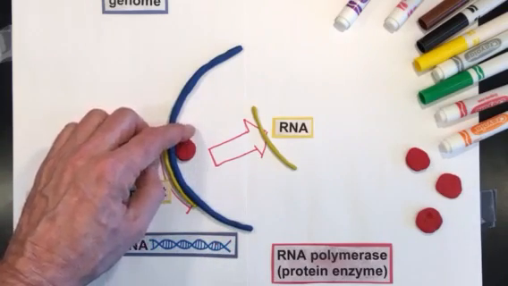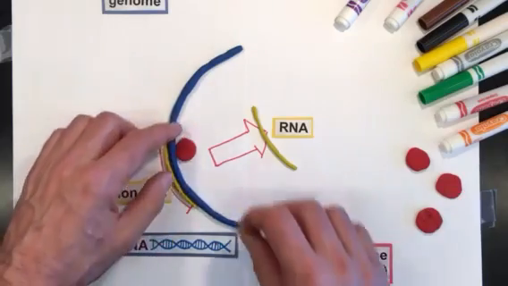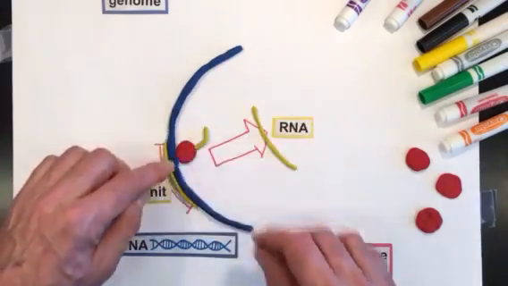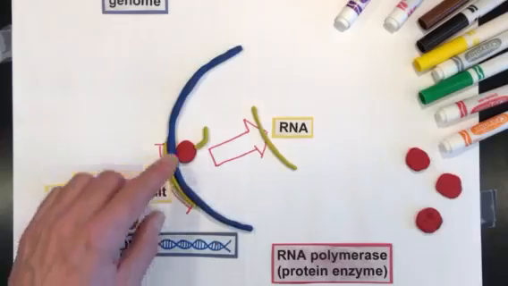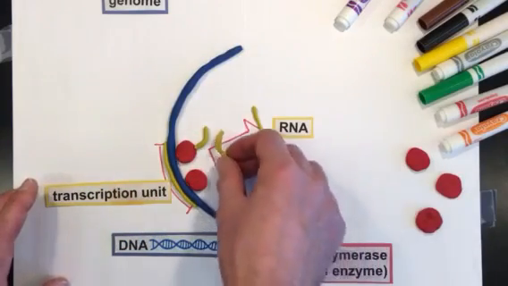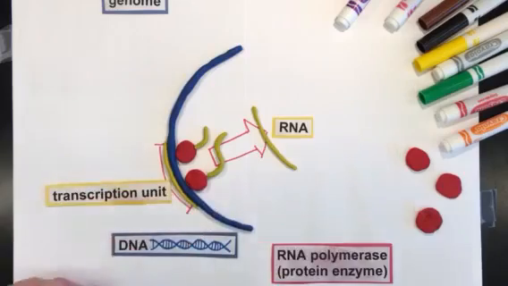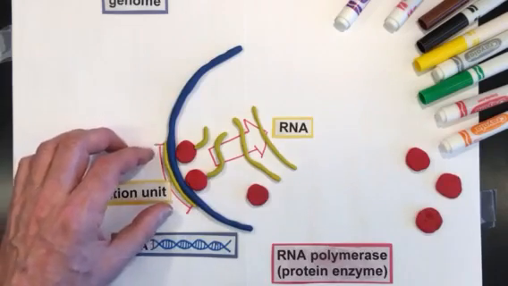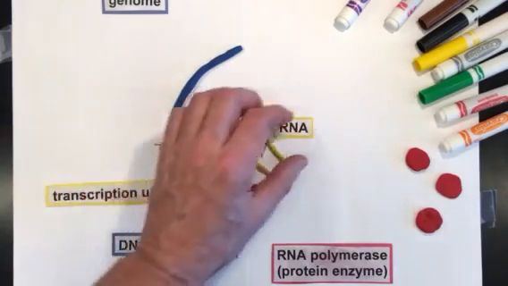The RNA polymerase binds and then begins to transcribe the DNA into RNA as it slides down the transcription unit of DNA. As it does, the RNA gets longer till it reaches the end of the transcription unit, releases the RNA polymerase and full-length RNA. That's a process called transcription.